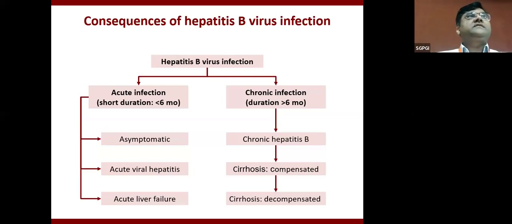Without going to cirrhosis, just simply chronic hepatitis B can cause hepatocellular carcinoma. But this is not true for hepatitis C. Hepatitis C always causes hepatocellular carcinoma only in background of cirrhosis. This is a major difference between the two viruses.